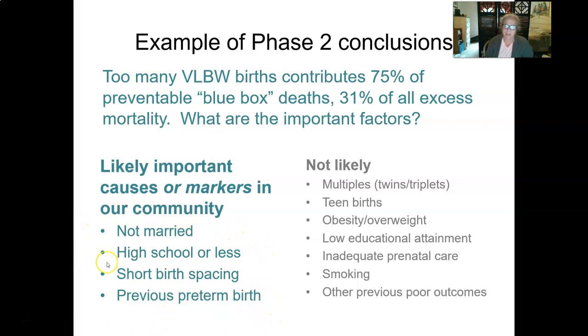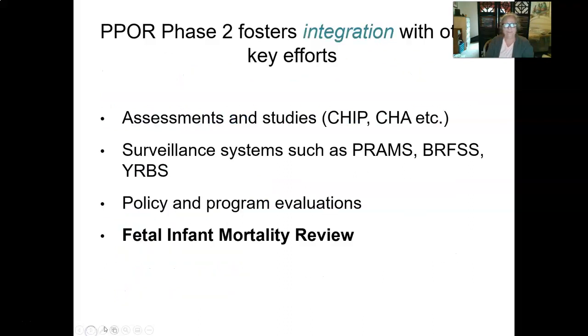And this not married and high school or less are really pointing to social structures. And so that may be motivation for your advocacy groups to really address social structures and not just medical things or chronic disease issues.